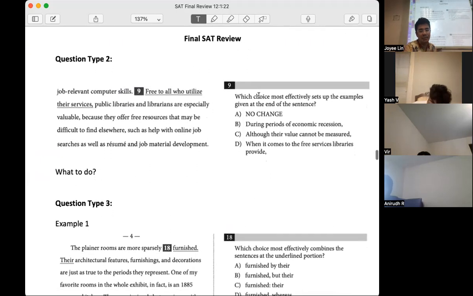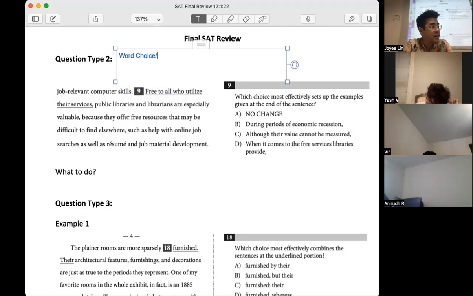Okay, question type number 2. What kind of question is this? It's not a grammar question. Setting up information, yeah. So we could consider this like a word choice question, sentence choice.